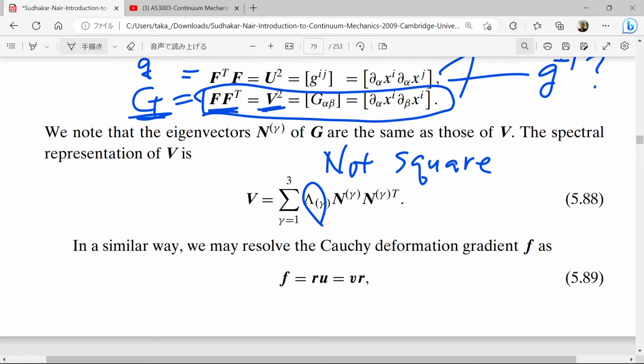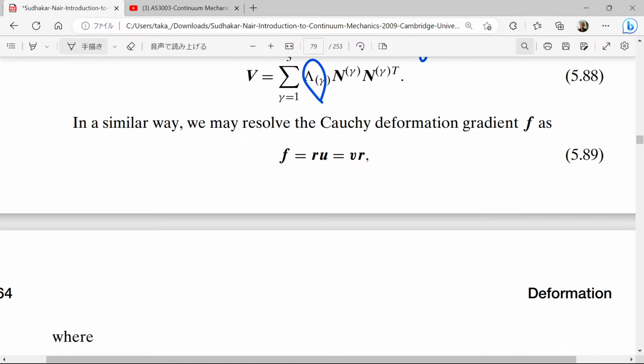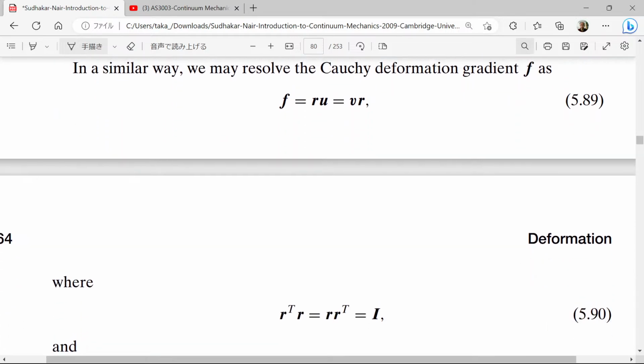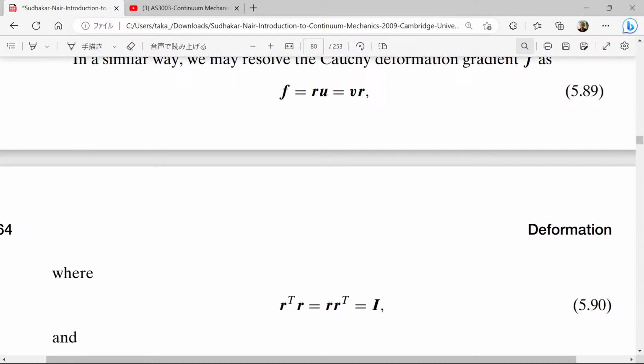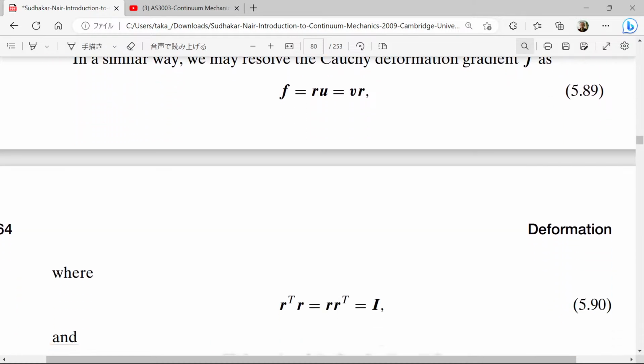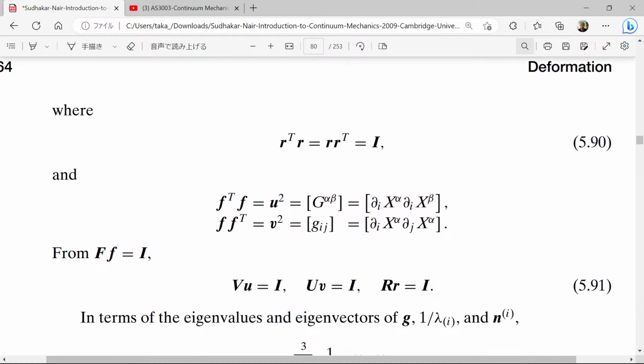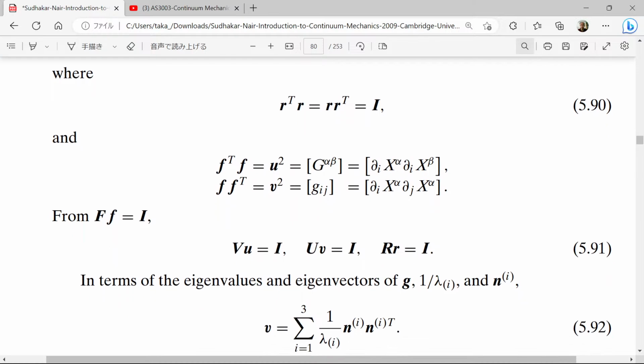In a similar way, we may resolve the Cauchy deformation gradient F as F equals RU equals VR. R transpose R equals R R transpose equals I. F transpose F is U squared, and I think we had a name for this.